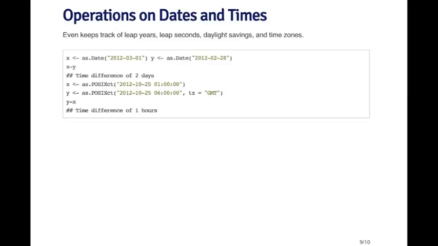Similarly, I can take two times, one which is in my current time zone, and then y, which is in the time zone of GMT, Greenwich Mean Time, and take the difference between those. So even though it looks like it should be a 5-hour difference, it's actually only a 1-hour difference because of the change in the time zones. So one of the advantages of using the date-time classes is that it will automatically take care of these kinds of irregularities.